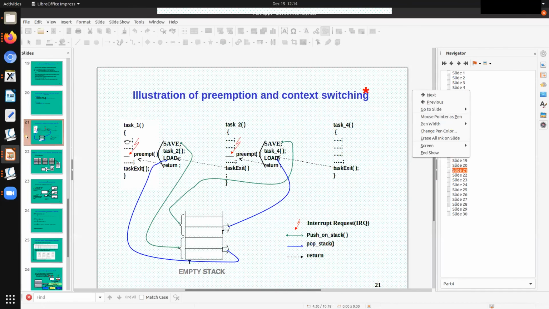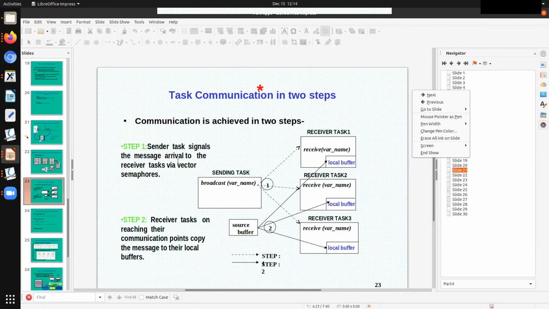Right, so this is how the task scheduling happens. We have implemented a two-step communication protocol. If some task wants to communicate with another task, we do not use synchronized communication, but instead a kind of non-blocking style of communication.